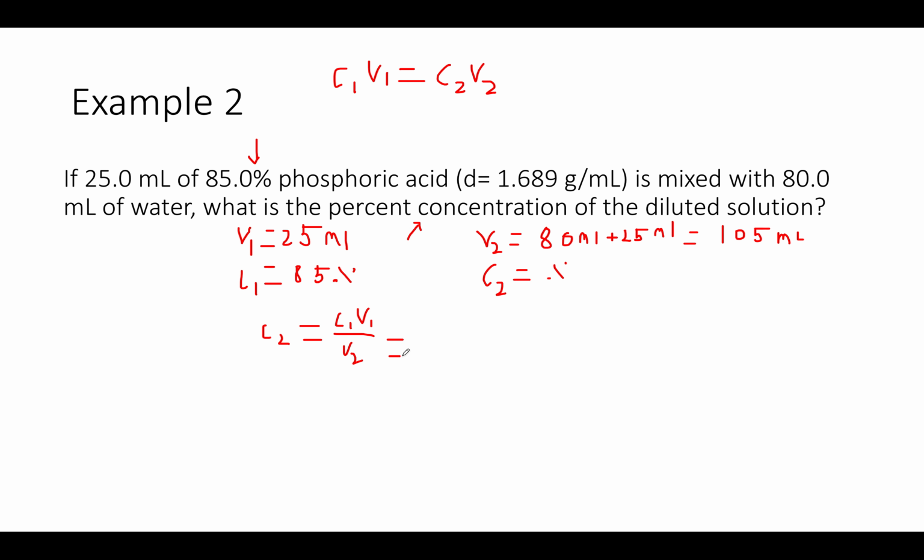What does C1 equal? 85. What does V1 equal? 25 mils. All over the 105 mils, the total resulting volume. So we get C2 equals 20.2%.